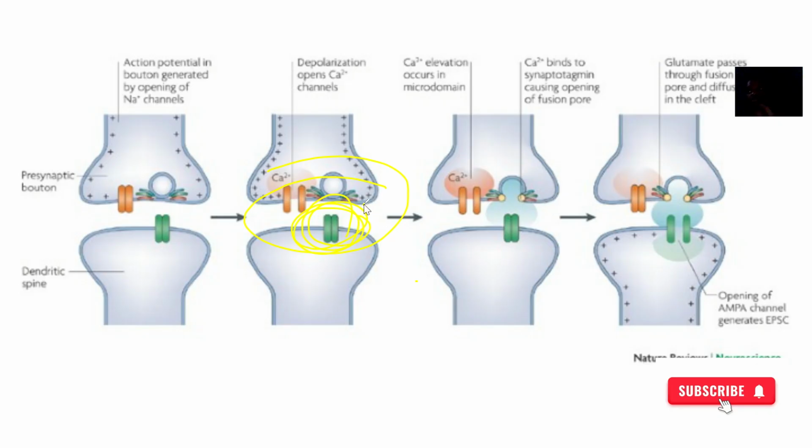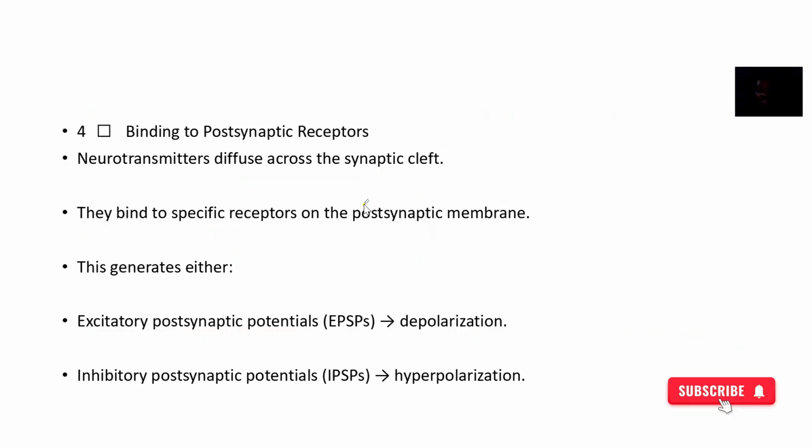If the receptors don't recognize it, or if the receptors are blocked, of course this next phase is also blocked. So the neurotransmitter has to bind to the receptors on the postsynaptic neuron membrane.